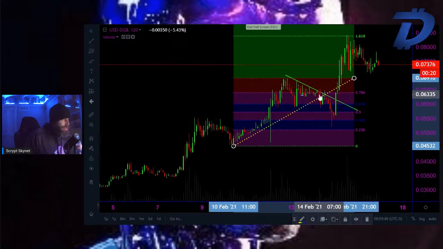So the breakdown is if it came out of this wedge or this triangle, and it falls. If the candles fall into this purple range, if it doesn't find this blue as support, it will break down through the blue and go through this range and find the 0.382, which is like the 786, this thing was inverted.